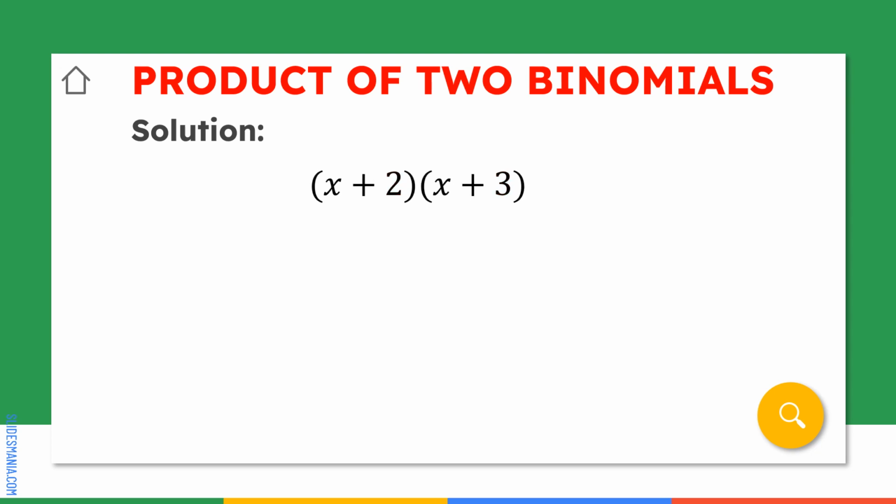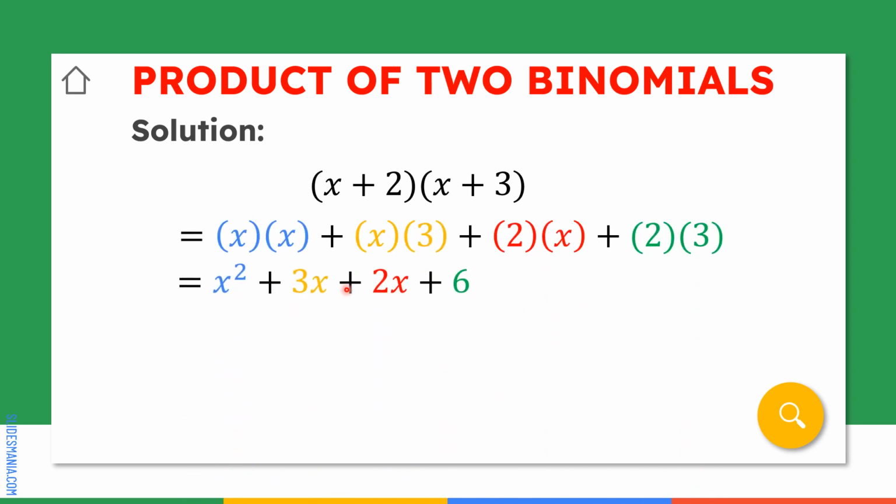After that, we multiply and simplify the expression. All terms must be simplified. Okay, so x times x is x squared. x times 3 is 3x. 2 times x is equal to 2x, and 2 times 3 is equal to 6.